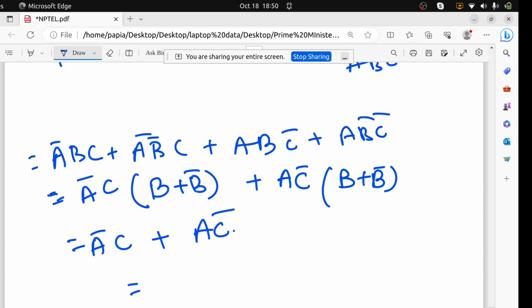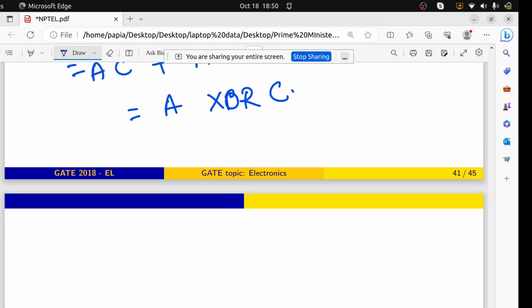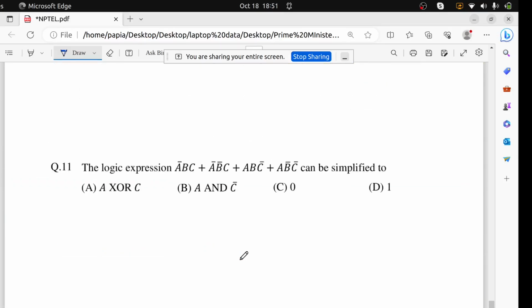This is A XOR C. If it is A XOR C, then the Boolean expression for A XOR C is A C bar plus A bar C. Which one is the correct one? So the correct option will be A XOR C, option A.